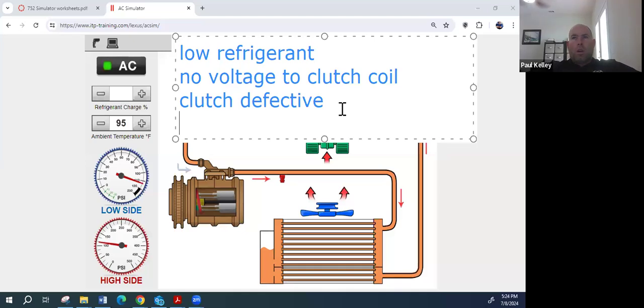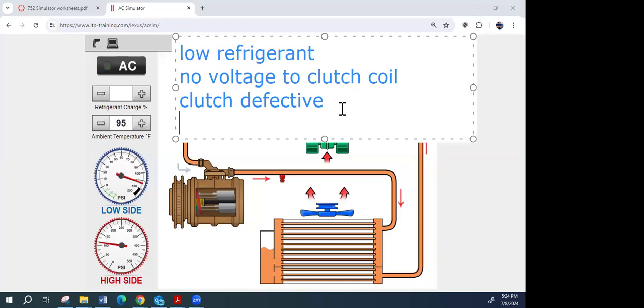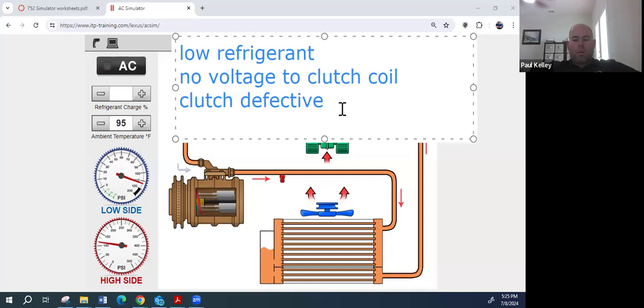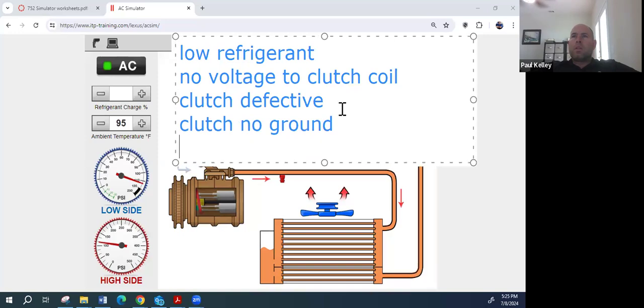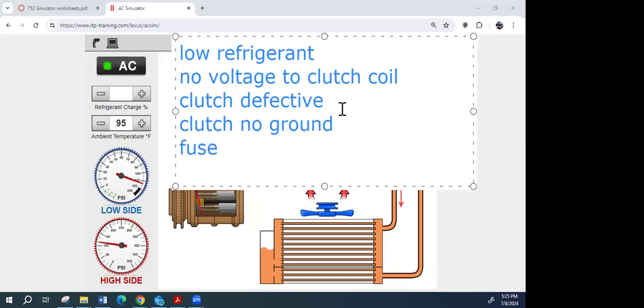So, quote unquote, if it's not getting power, what could cause it to not get power? Ground. Okay. Let's see how would I word that. Clutch, no ground. True. A fuse. Bad relay. The relay.